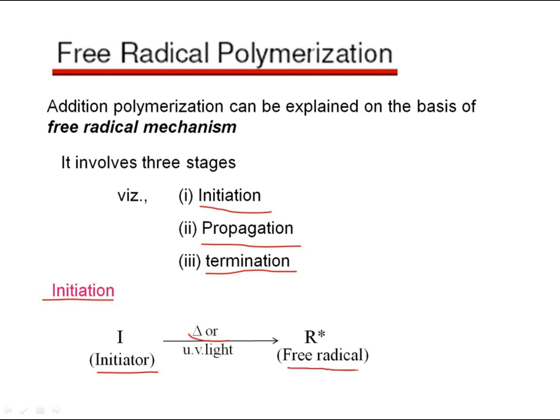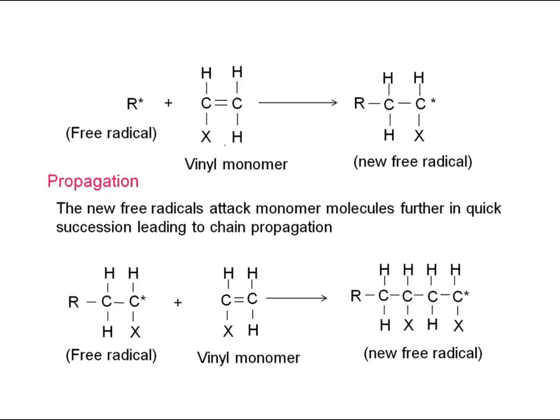Now, this so formed free radical combines with our monomer. Here we have an example, a halide or vinyl monomer. This radical is attached to the vinyl monomer and forms a new free radical.